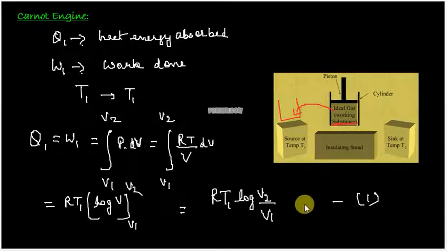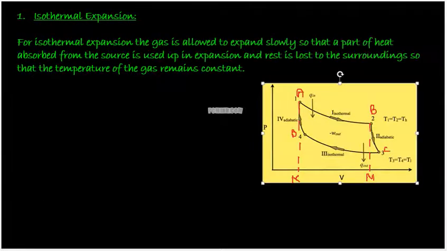And this work done, which we have derived mathematically to be RT1 log of V2 by V1, we can also express in terms of the area under the curve of isothermal expansion. So let me show you that. This is the work done if we talk in terms of the area under the curve. If we look at this curve for isothermal expansion, it is going from A to B. So A, B, M, K, A, whatever is the area under this curve, that will give us the work done.